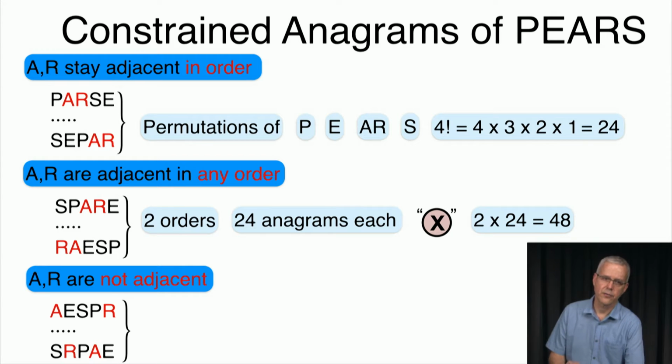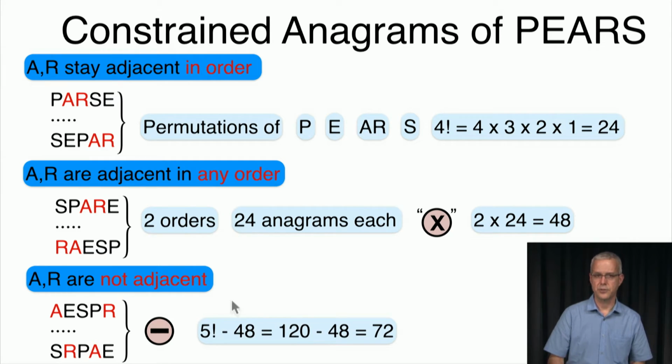Then, for example, AESPR and SRPAE, then we can note that what we could do is we could look at all possible anagrams of pairs, which in the previous slide we calculated to be 120, and we can consider all anagrams where A and R are adjacent and in any order, which here we calculate to be 48, and we can just look at the complement of this set relative to all possible permutations, and then by the subtraction rule we get that the total number of permutations or anagrams where A and R are not adjacent is 5 factorial, which is the total number of permutations, minus 48, so 120 minus 48, namely 72.